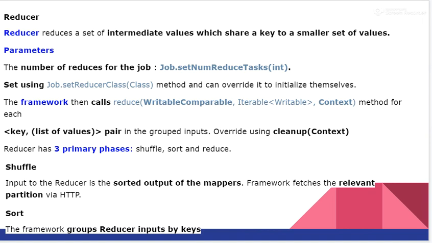Hash partitioning will be used to send the map outputs to the different reducers. You will be able to understand the partitioning concept in another video of mine. The second parameter is setting the reducer class, which, as the name suggests, allows you to set which reduce class is being used.